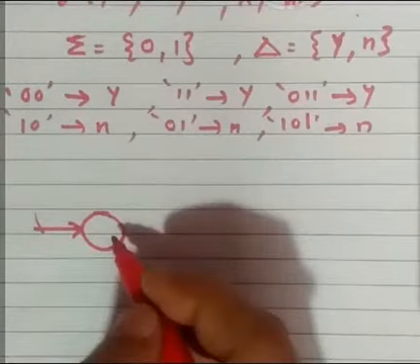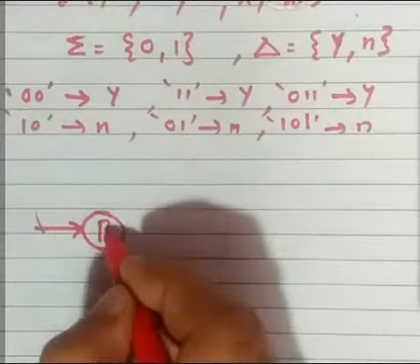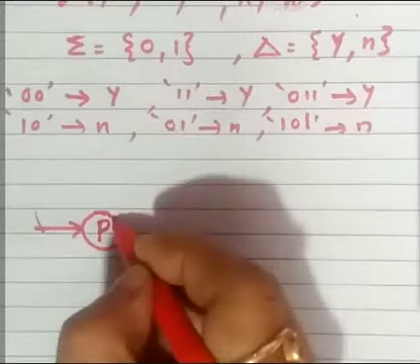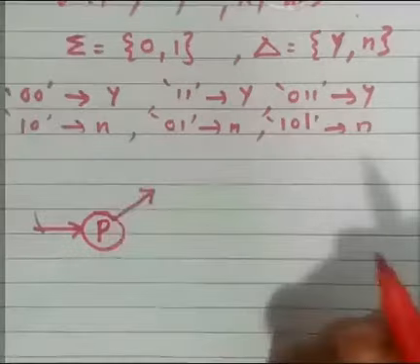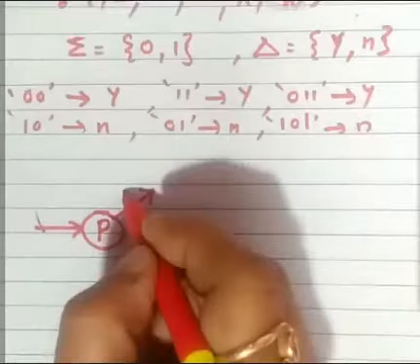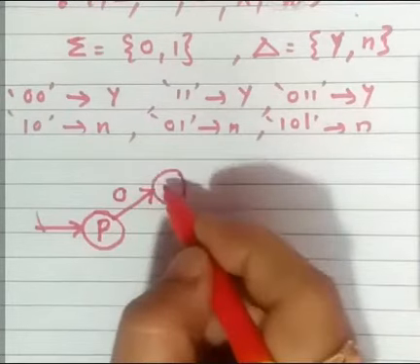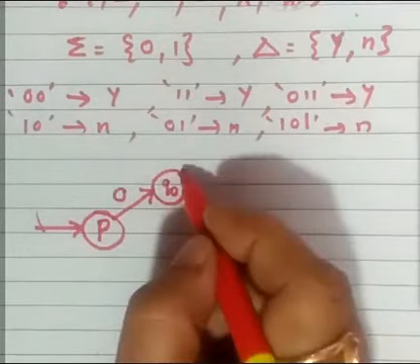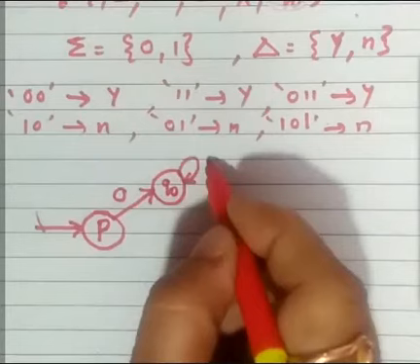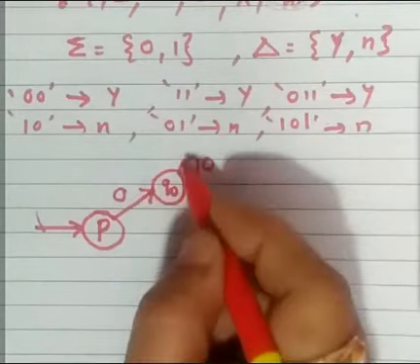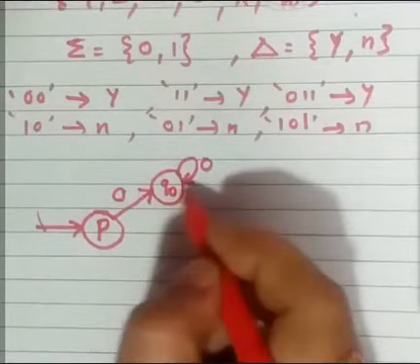So they have written here, for example, state P. Okay. So here, ending with 00, how many states will be required? Ending with 00 means what? Any number of zeros is acceptable once we have 00.